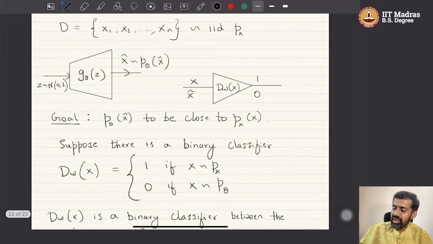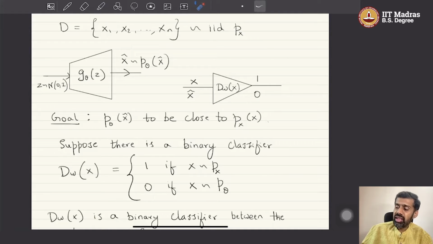So what we are saying is, let's say that we have a pre-trained classifier, okay, that would give 1 if the samples are coming from p_x, and it would give 0 if the samples are coming from p_theta. What I am saying is that one should keep changing the parameters of the generator till this classifier fails to distinguish between samples of p_x and p_theta. So think about it.